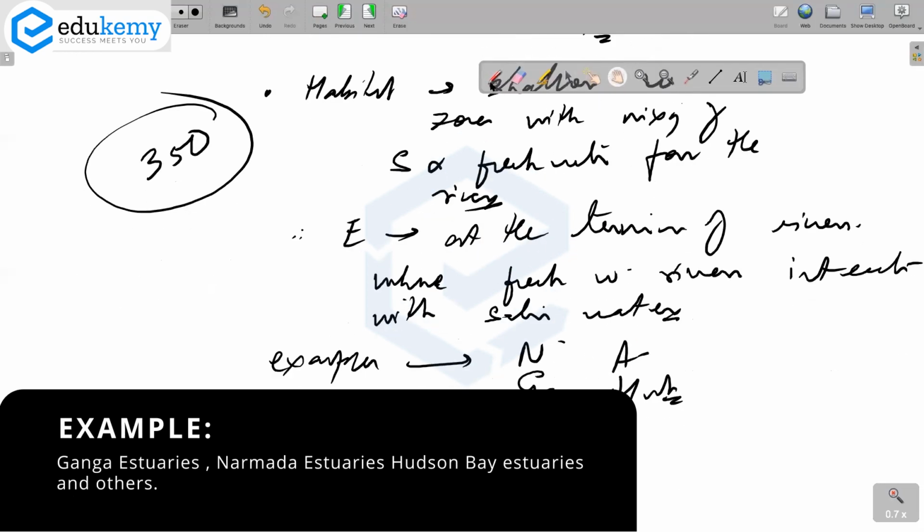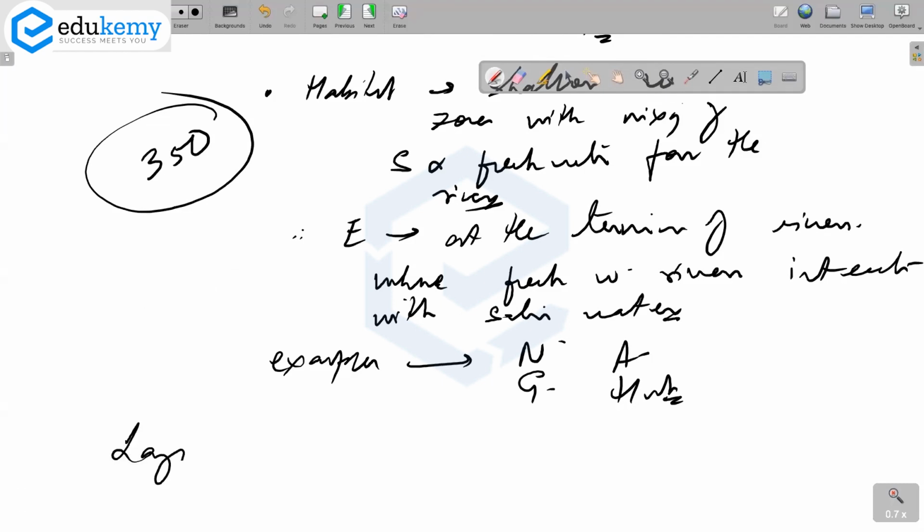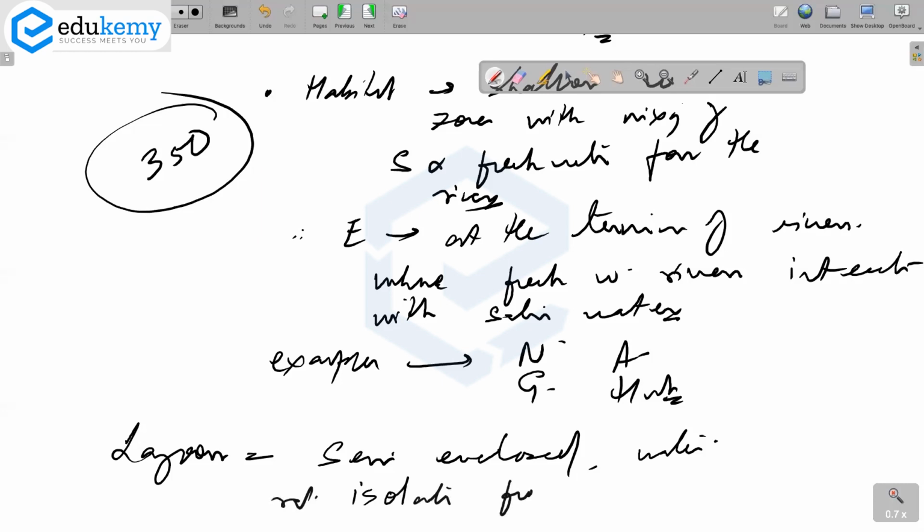Now, in contrast, you talk about lagoons. Lagoons are semi-enclosed waters along the coast that are relatively isolated from the open seas.